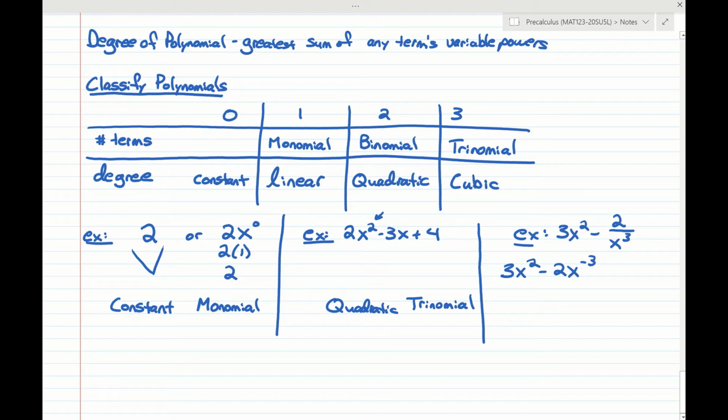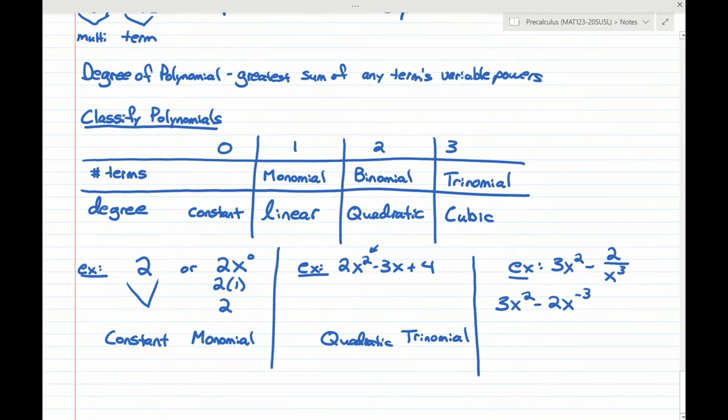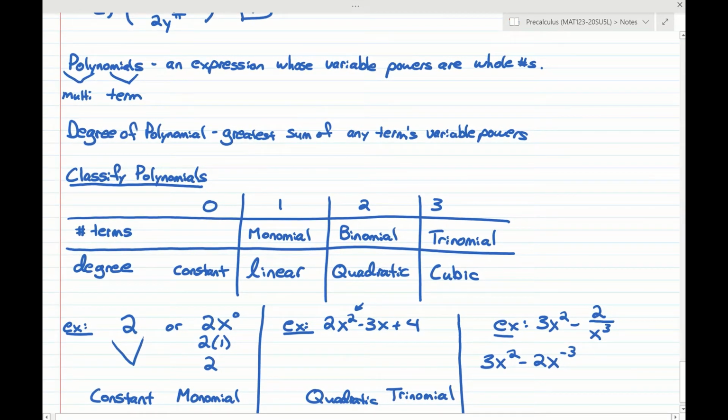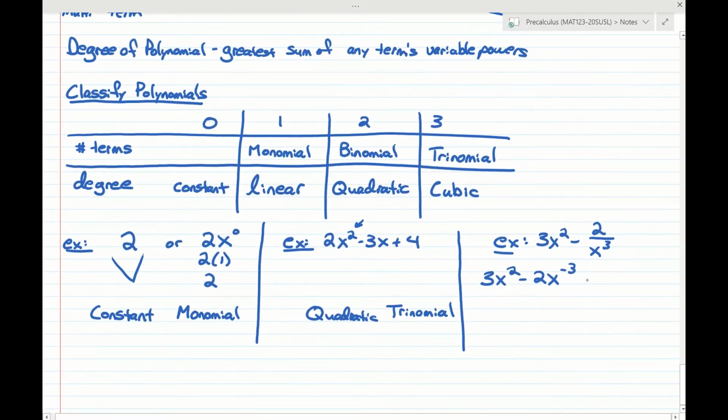And we run into a little bit of a problem. This wouldn't be called a polynomial. If you remember back to what we said, a polynomial is an expression whose variable powers are whole numbers. We talked about this in the last section. A whole number would be starting at 0 and then going up to be 1, 2, 3, right? Negative 3 is not a whole number, so this is just not a polynomial.